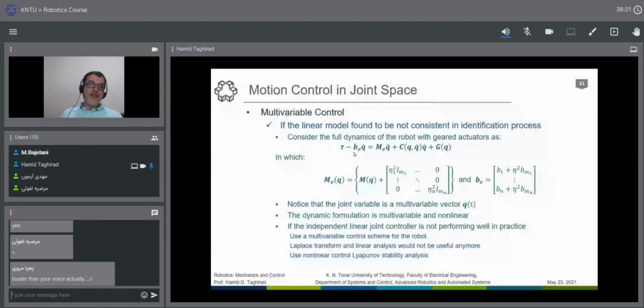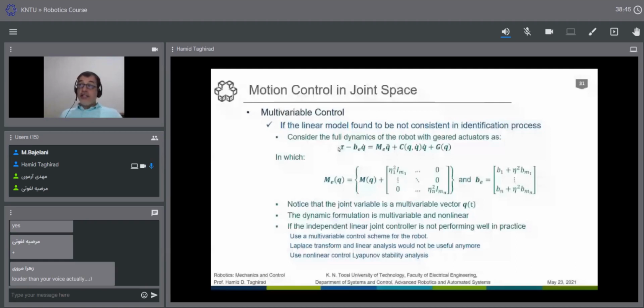M Q double dot plus C Q Q dot plus G is equal to tau. Now, here everything is a vector, so this is completely multivariable. We have, for example, 6 degrees of freedom. Q is a 6 by 1 vector, and we have a multivariable system.